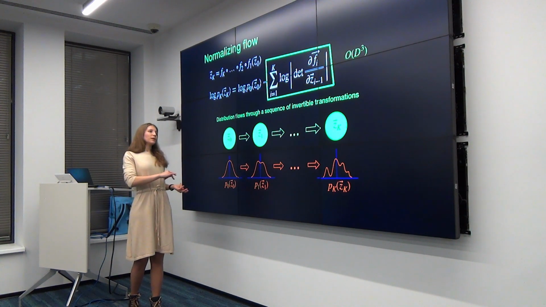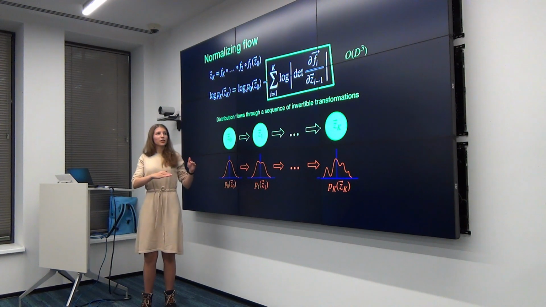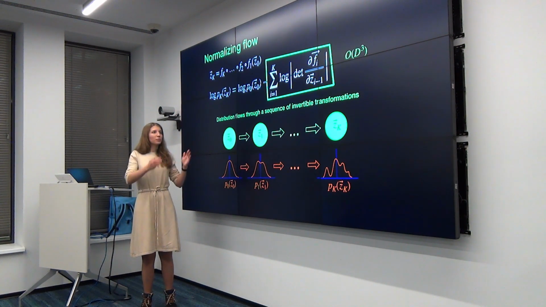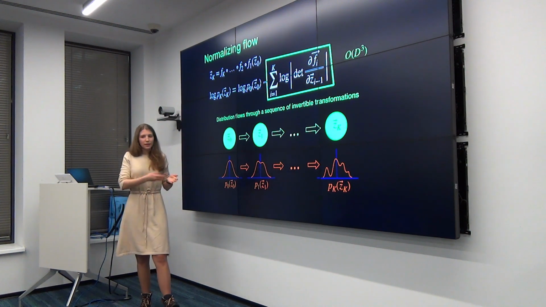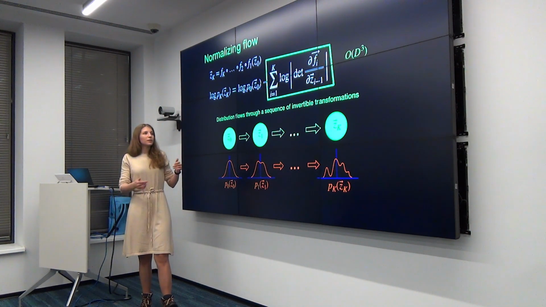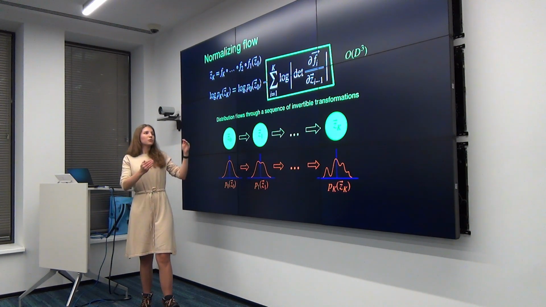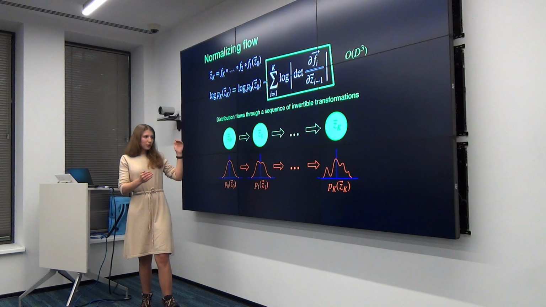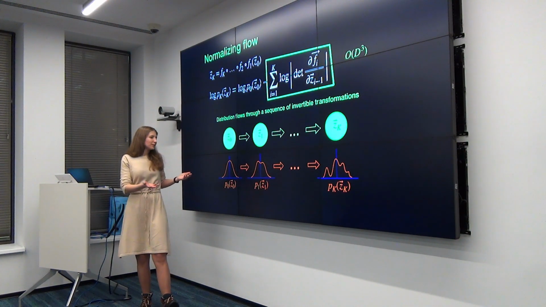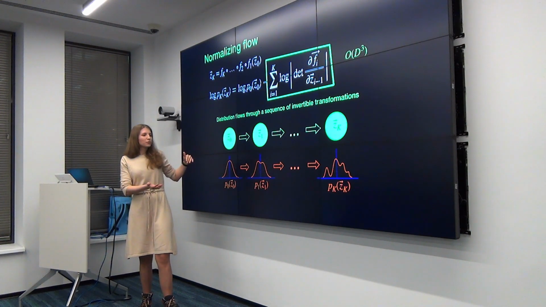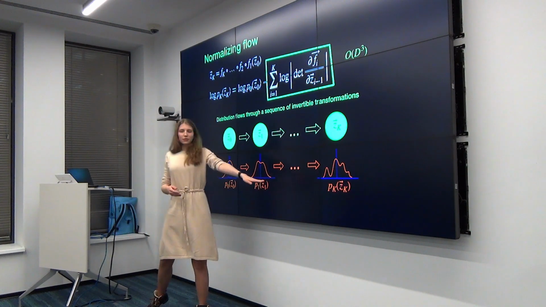But we can put some restrictions on our function to make this Jacobian matrix triangular. It will reduce the number of computations, but it will make our transformation poor, and we won't be able to get complicated distributions at the end.